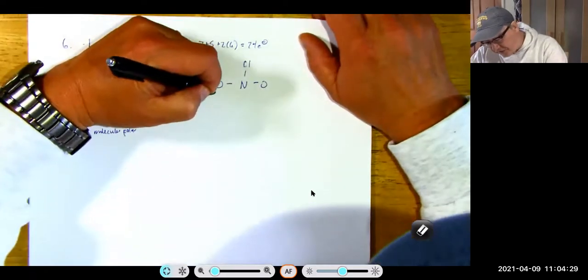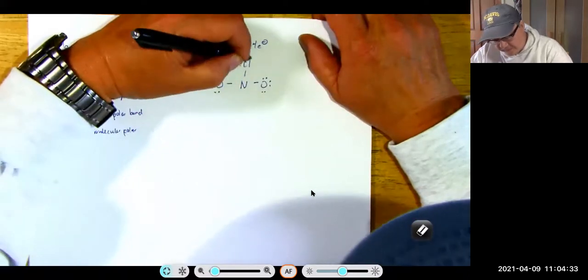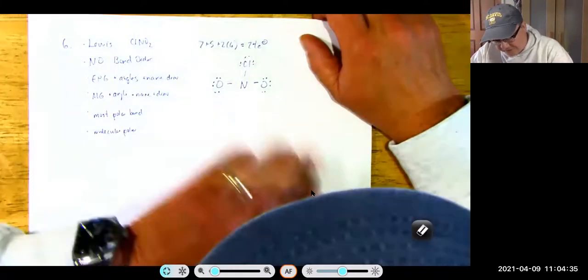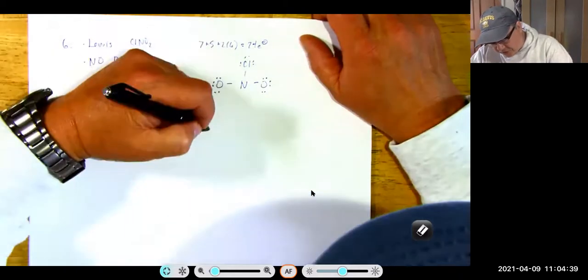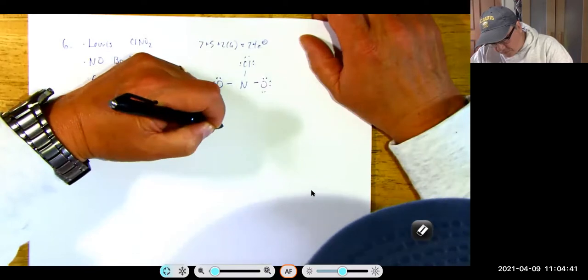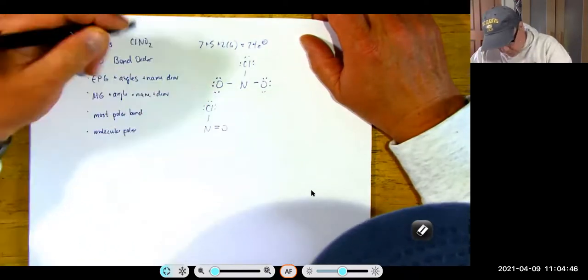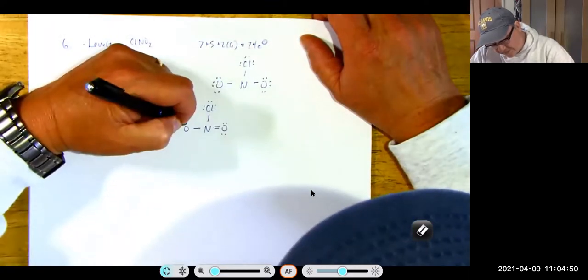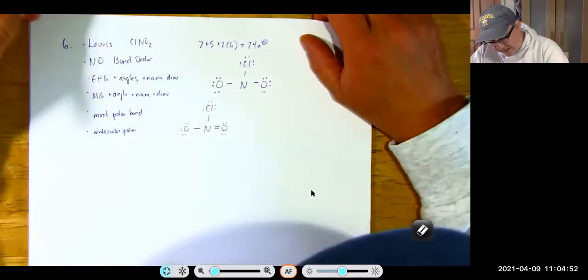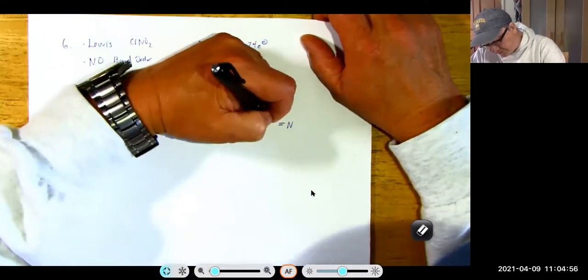Lone pairs on the oxygens first because they're more electronegative than the chlorines. And that's 24 electrons. So I'm actually going to have two structures that I want to look at. One is going to be this, and the other one is going to have the double bond to the other oxygen.